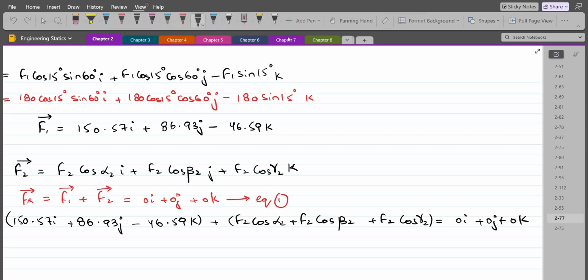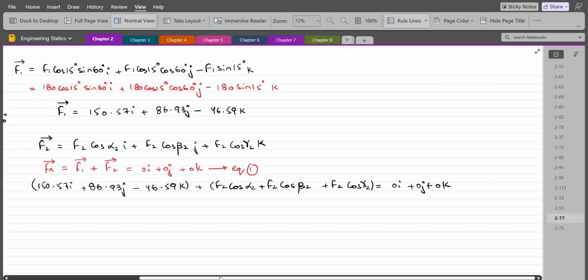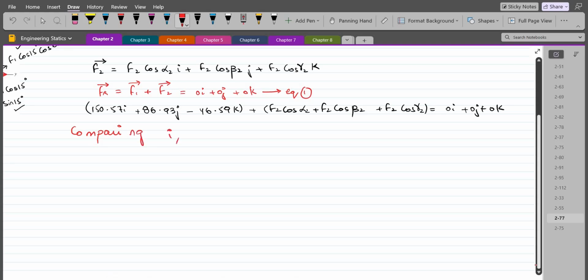Now we are going to compare the i, j and k components.